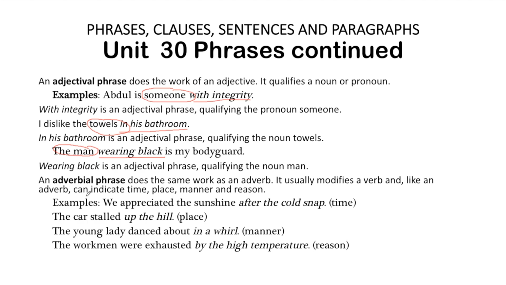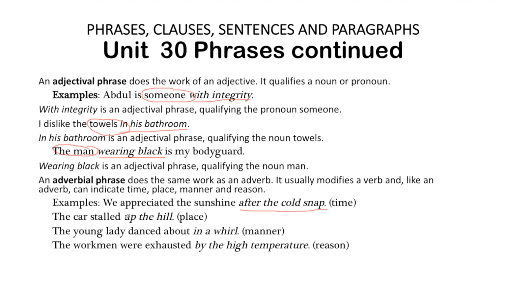An adverbial phrase, however, does the same work as an adverb. It usually modifies a verb, and like an adverb, it can indicate time, place, manner, and reason. You've got each of those listed here to give you an example of each. We appreciated the sunshine after the cold snap. So here it's an adverbial phrase of time.